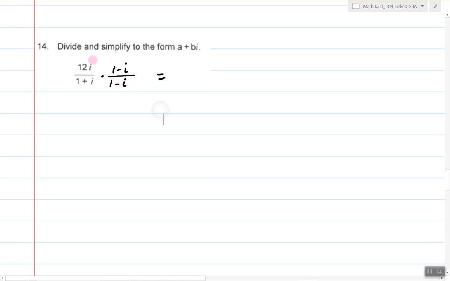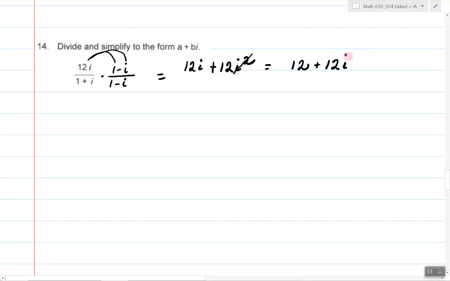So for the numerator, we're going to have distributive property. 12 times 1, 12i times 1 is 12i. 12i times negative i is negative 12i squared. But I won't leave that. That i squared goes, changing the sign of that term. So I'm going to write the real part first. This is the 12 from here plus 12i.